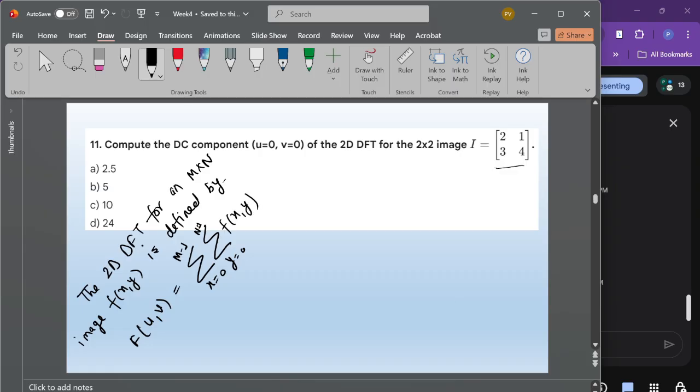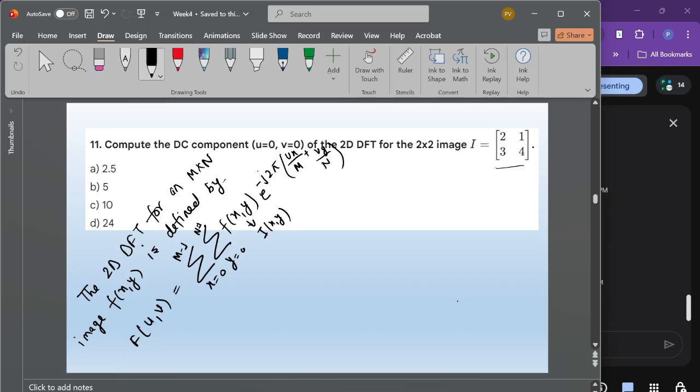This is a function, or you can simply write I(x, y), because it is in the x and y direction, times e to the power minus j 2 pi (ux/M + vy/N). So this is the formula for the M cross N image function.